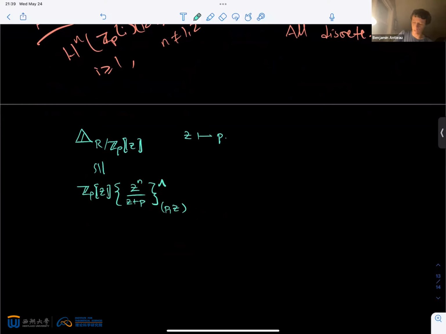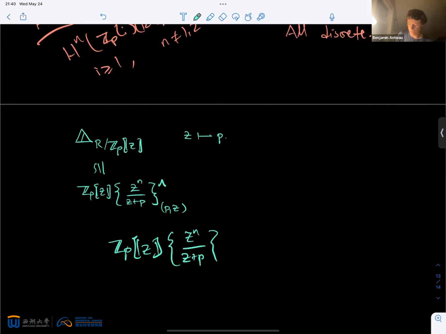If we ignore this completion, you take the free delta ring on an element x. A delta ring is a ring with a lift of Frobenius, and that's an algebraic theory. So there's a notion of a free one.